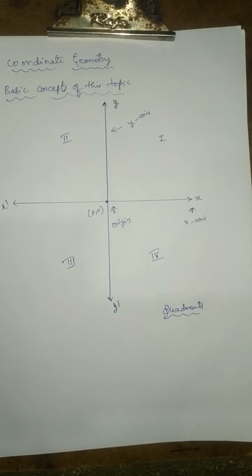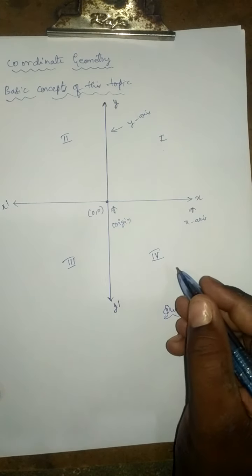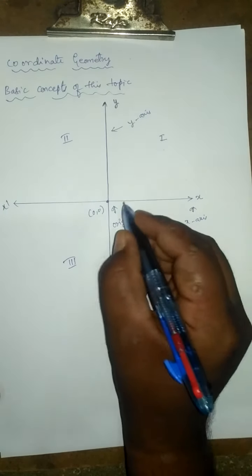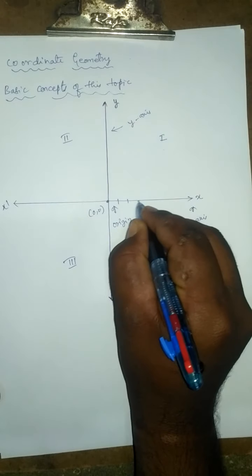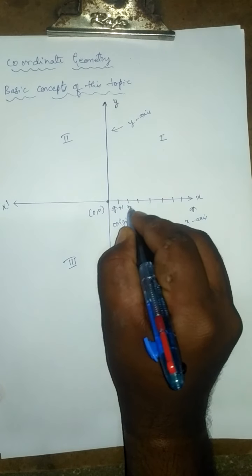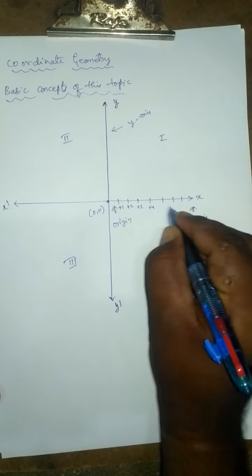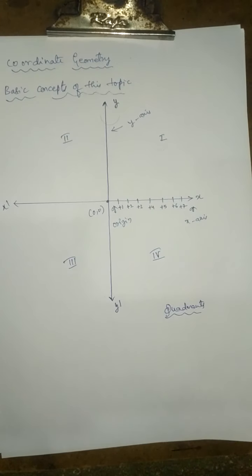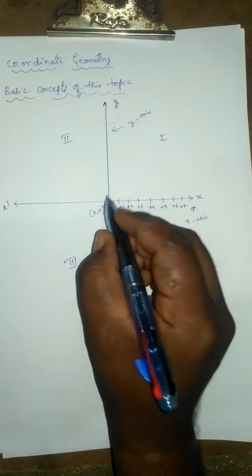The x-axis possesses positive values along the right side of the origin. Towards x dash, it possesses negative values from the origin to the left side of the center of the Cartesian plane.